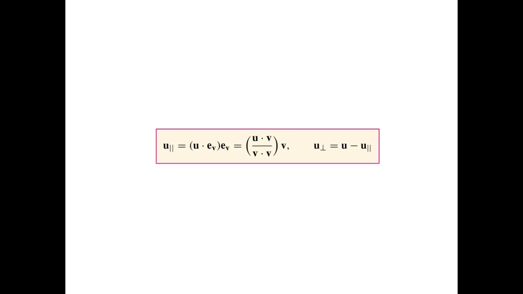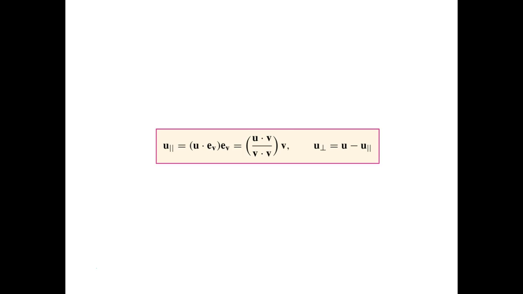This just gives you the magnitude of this vector in that direction, and then that is the direction.